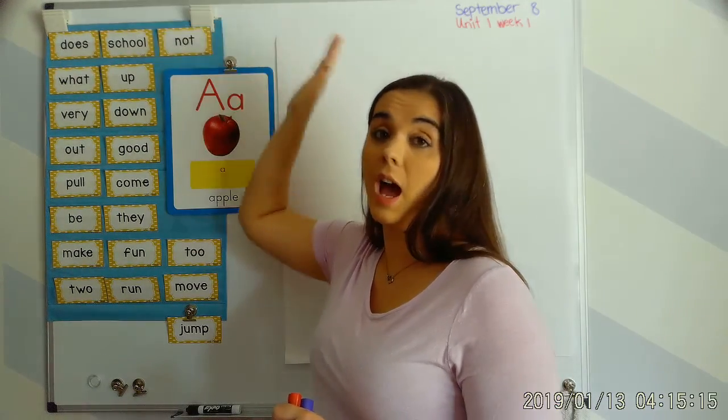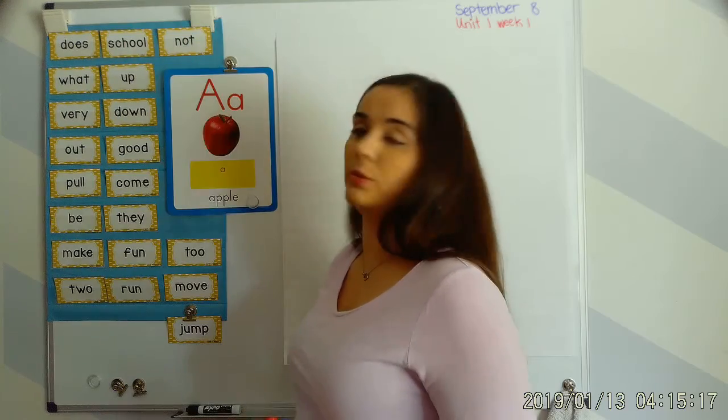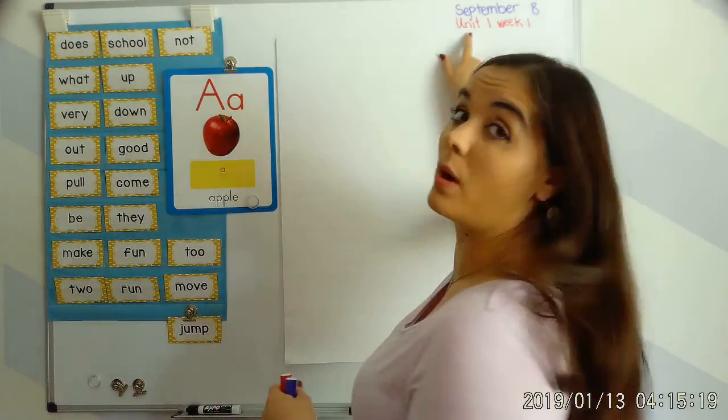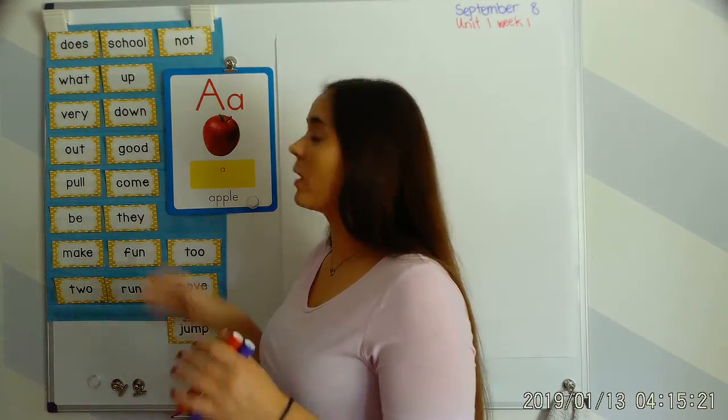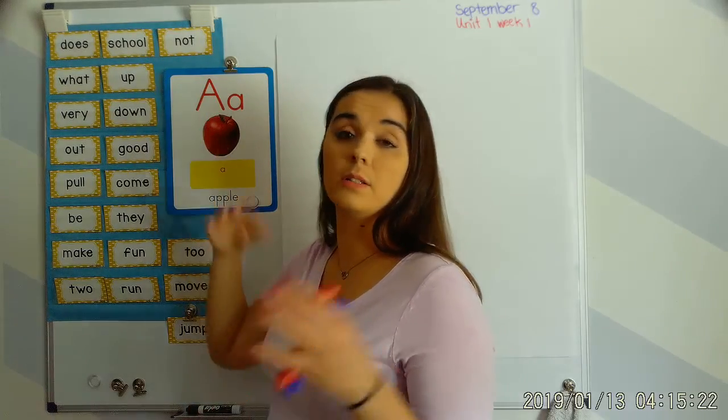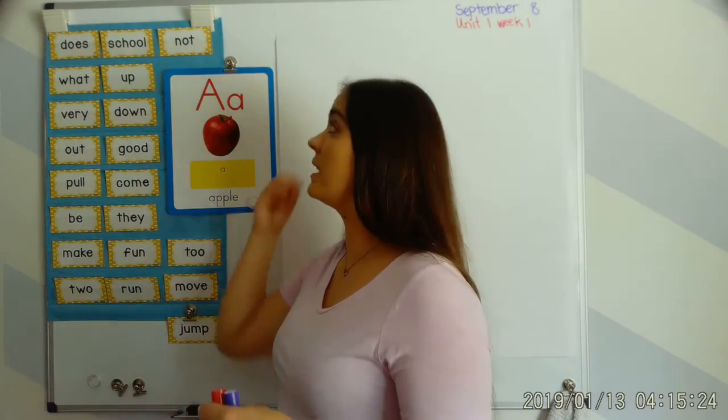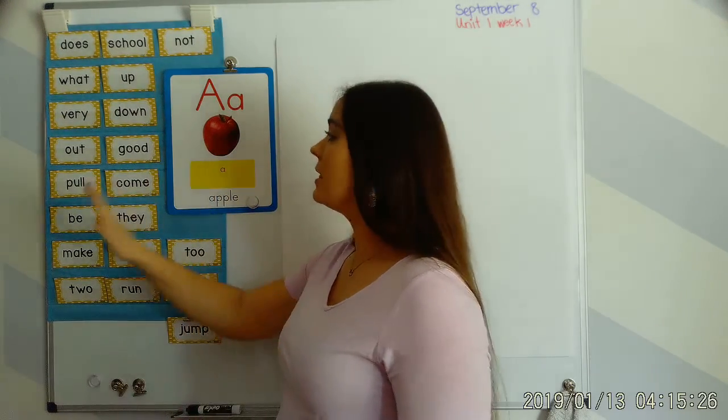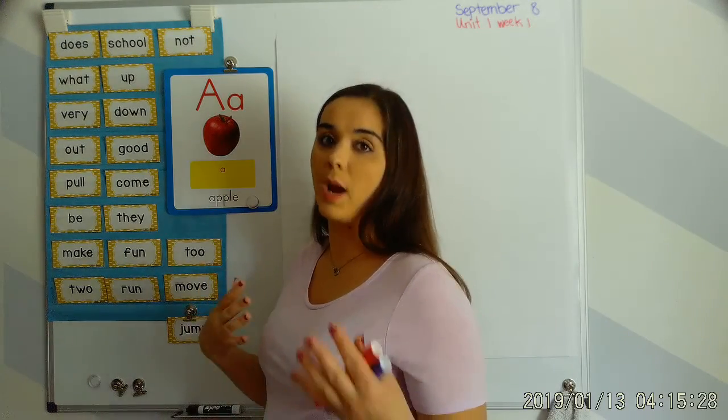Before we do, these are all of the high frequency words for Unit 1, because we're starting Unit 1 this week. I'll say the words, you go ahead and repeat them, say them with me if you know it. This is a really good way to practice those words.